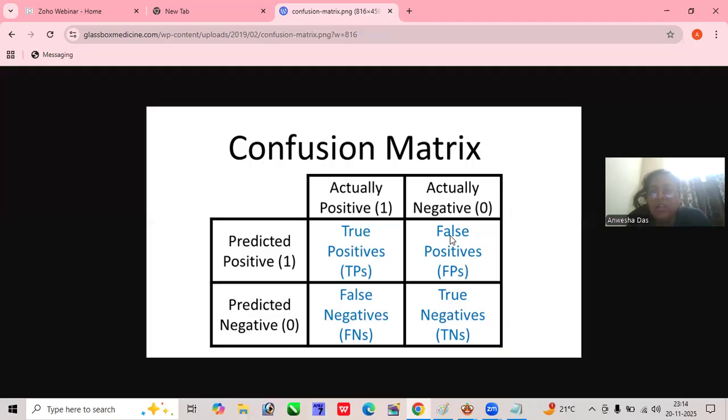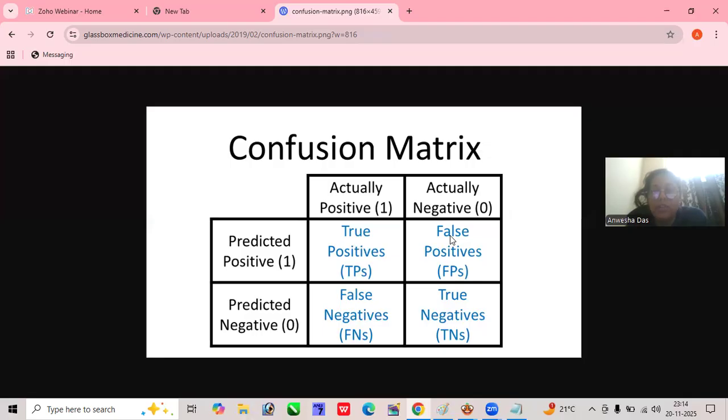So actually the thing is negative, false, but the prediction is true. You are not part of Google, not part of Meta, not part of Microsoft, not part of any office. But that day the security system was not working properly and you successfully entered an office. So actually false, but it is predicting true.